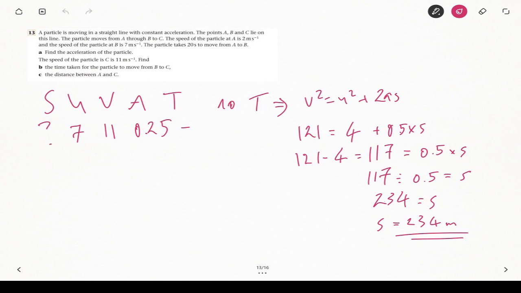Then part C, I'm asked to find the distance between A and C. At A it's doing 7 meters per second, and at C it's doing 11. It's got a constant acceleration for that entire time. I want to find the distance, or the displacement. My time is irrelevant, so I pick v² = u² + 2as.